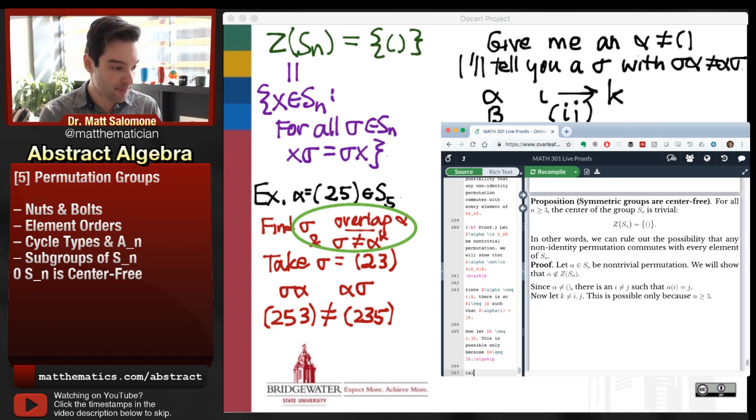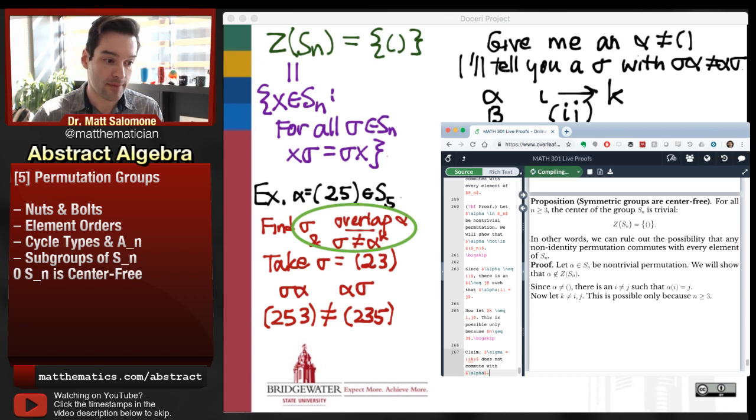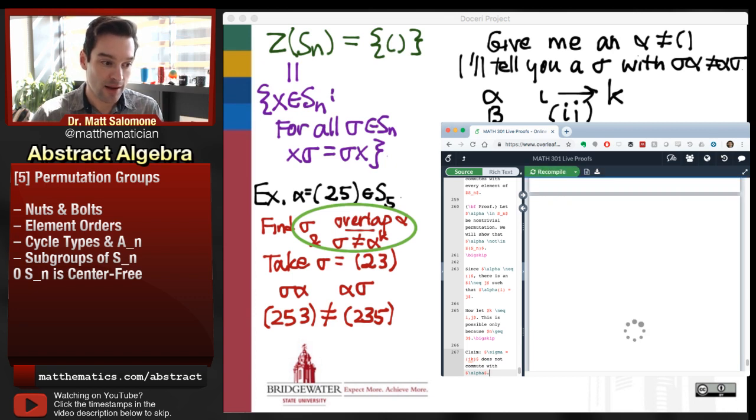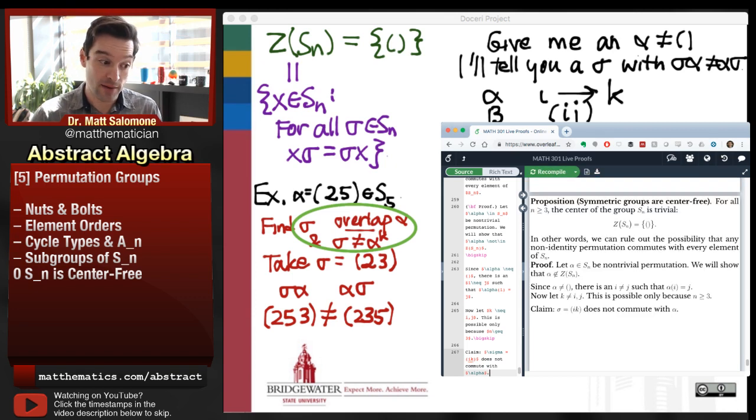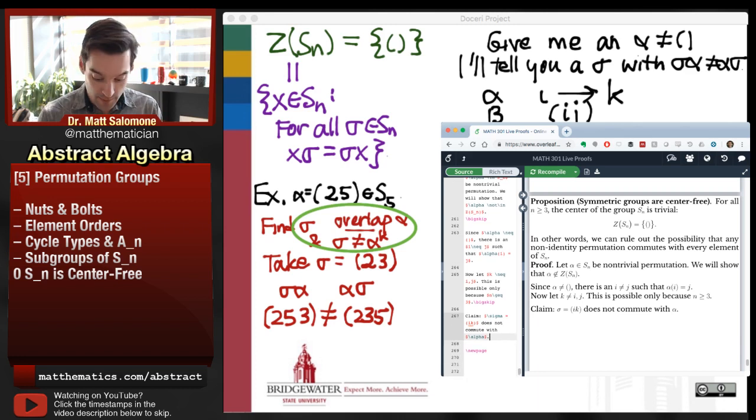And now what we claim is that sigma, equal to the transposition of i with k, does not commute with alpha. To figure out why, let's check what sigma alpha and alpha sigma do to just the ith position.